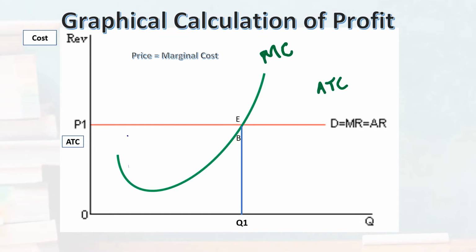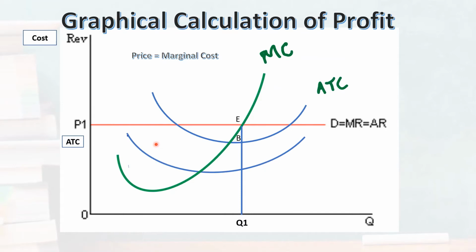The next step is to determine the cost structure for this firm. In order to produce this level of output, Q1, which is determined by applying the profit maximization condition, the cost can be defined by adding the cost structure in this diagram.